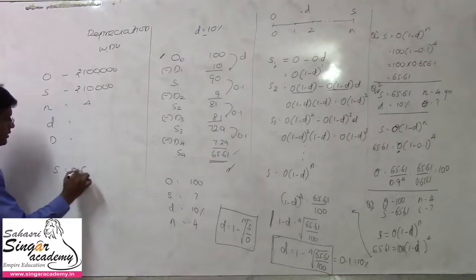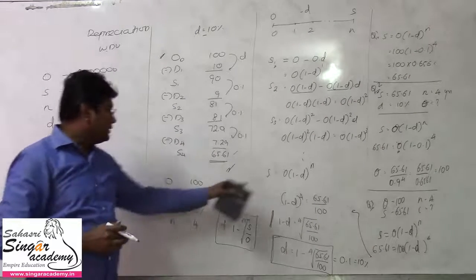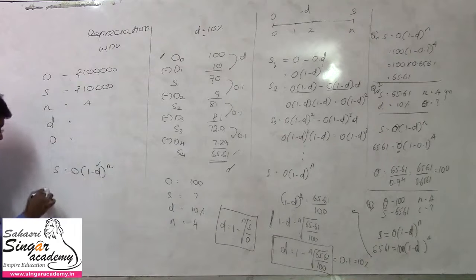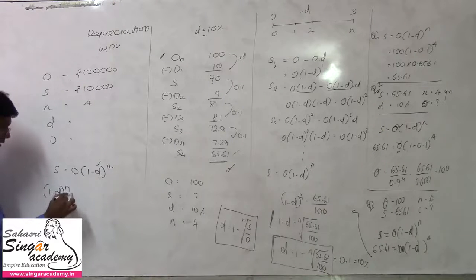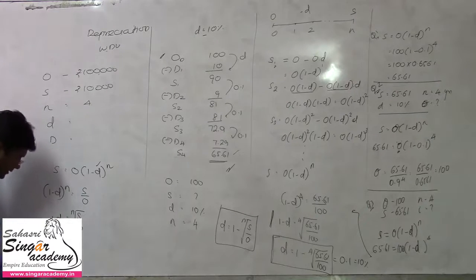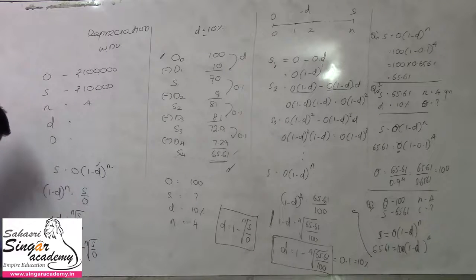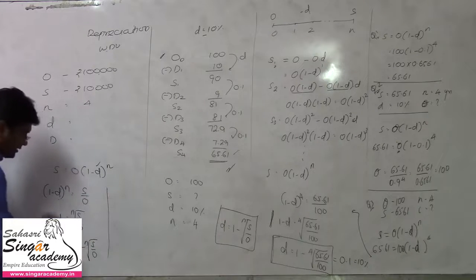S is equal to O into 1 minus D to the power n, right? From this, to find D, 1 minus D to the power n is equal to S by O. So 1 minus D is the nth root of S by O. Again D has a minus sign, to change it: minus 1 plus D is equal to minus nth root of S by O. I am transferring that 1 to the other side, so minus there becomes plus here.